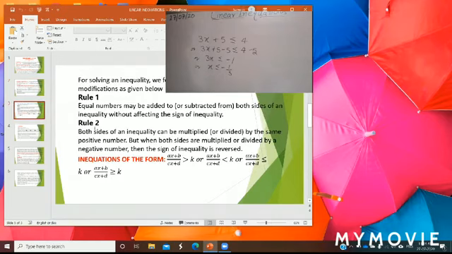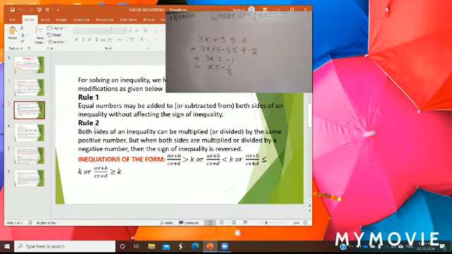So here you have rule first and second. Your next modified rule is this: equal numbers may be added or subtracted on both sides of an inequality without affecting the sign of the inequality. Means, as I just discussed, if you are adding or subtracting the same number on both sides, there is no change in the sign of inequality.